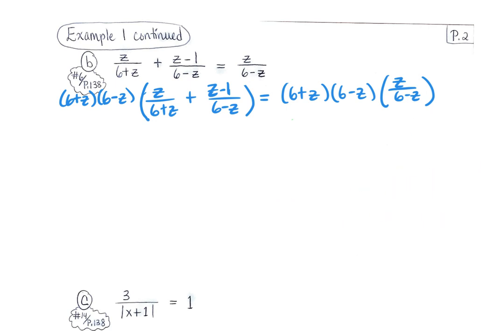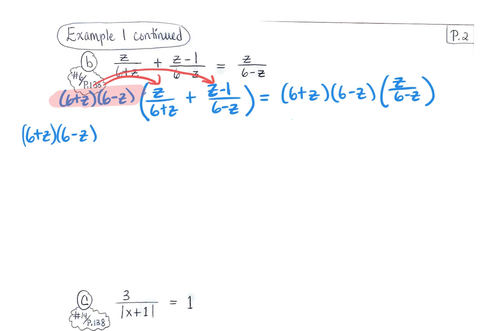Okay, so this means that we have the quantity 6 plus z times the quantity 6 minus z. So now we're going to distribute this to each part.